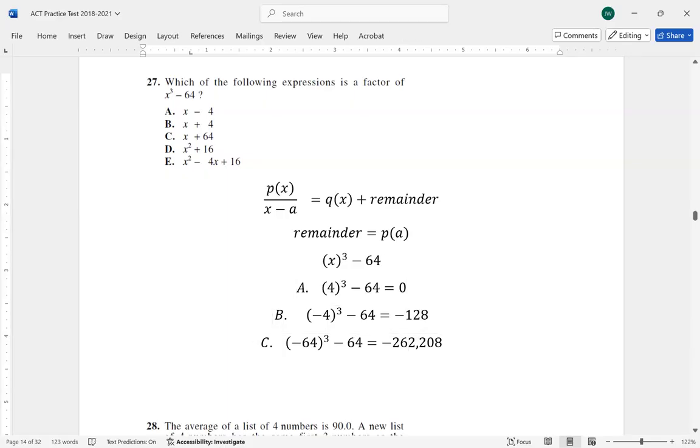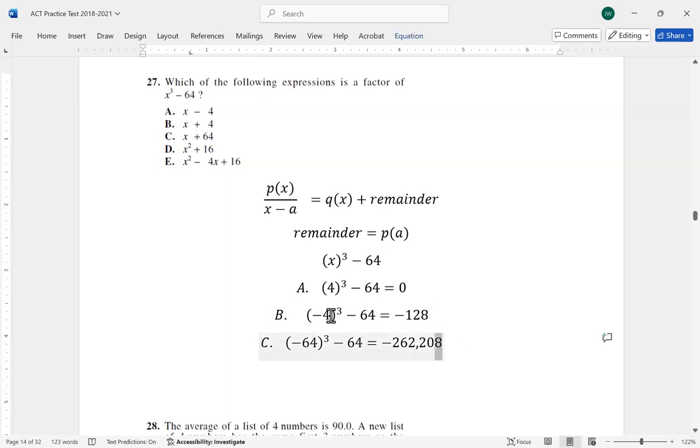For D and E, you could use long division to check those. You could use common roots if you wanted to. 4i is a root, a solution, for D. So you could plug in 4i and check that if you wanted. And you could check solutions for E as well. Again, I'm not going to do that.